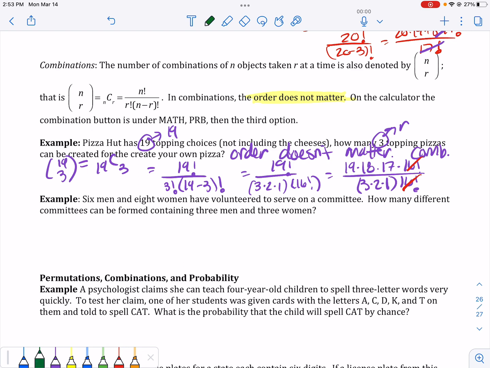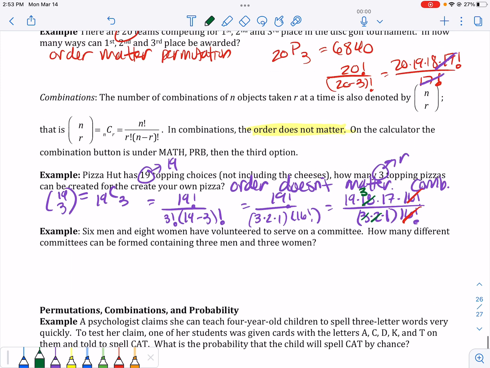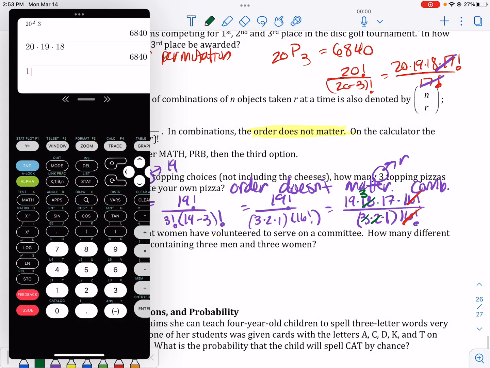I also have that the 3 and the 2 multiply to 6, and 6 goes into 18 3 times. So I could also simplify it like that, and then just put that simplified amount in the calculator. So 19 times 3 times 17 gives us 969 over 3 times 2, which is canceled out, so over 1, which just gives us 969.